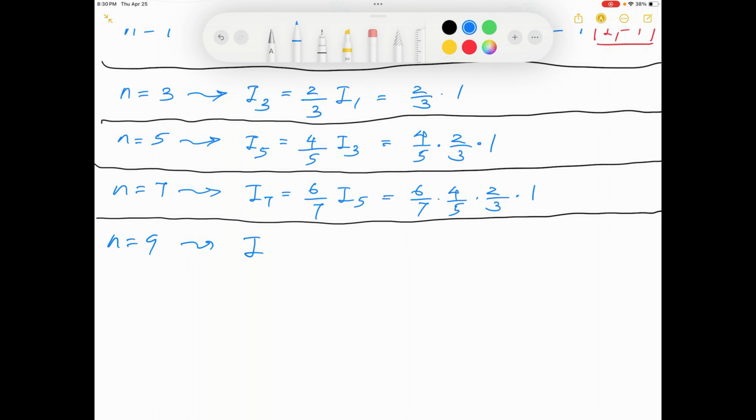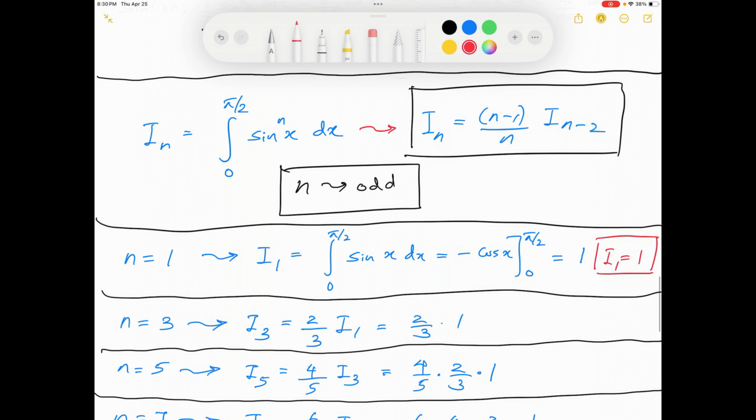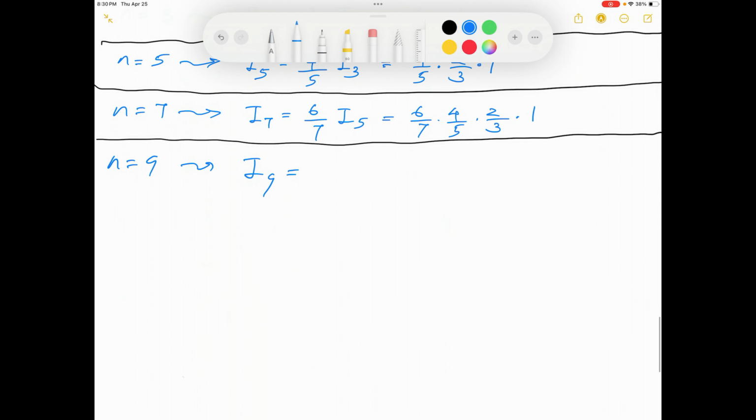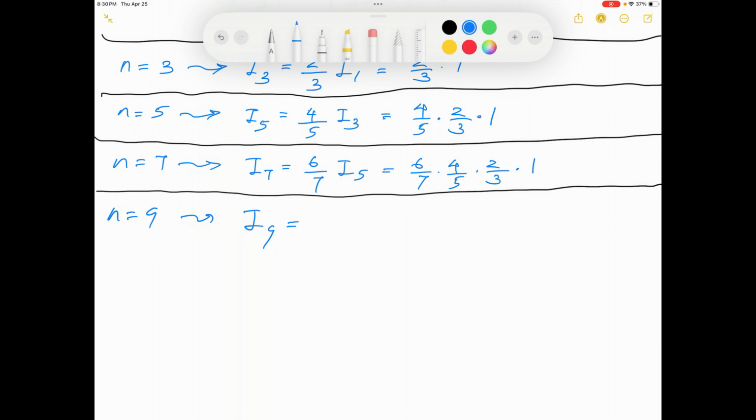But we will write it one more time. For n equals 9, it will be I sub 9 on the left hand side. Here's our equation again, n minus 1 over n times I sub n minus 2. Therefore, when n is equal to 9, it should be n minus 1 over n, which is 9 minus 1 equals 8, over n, which is 9.